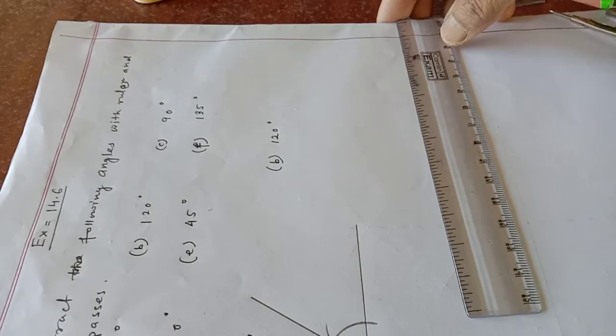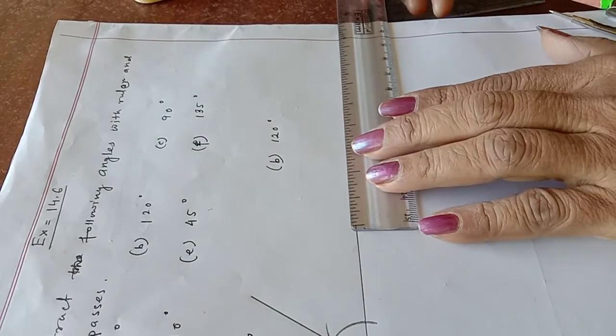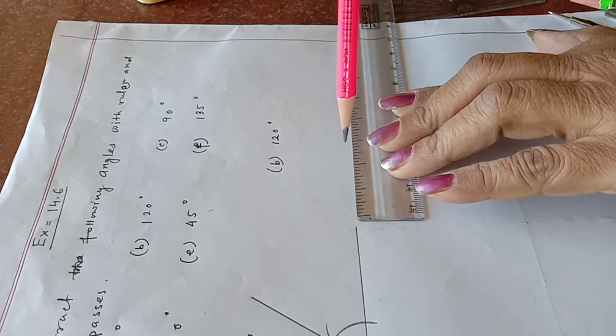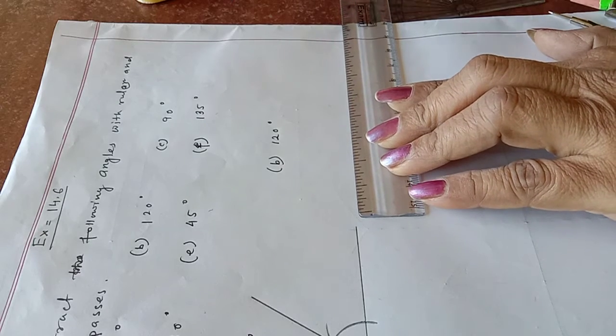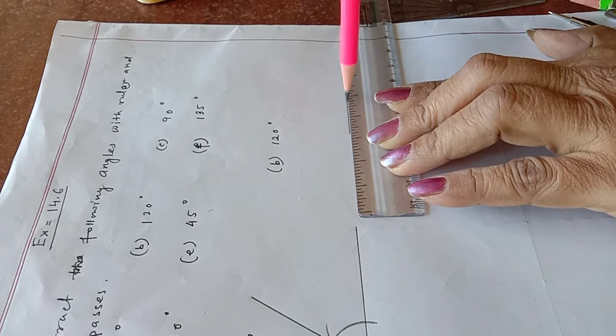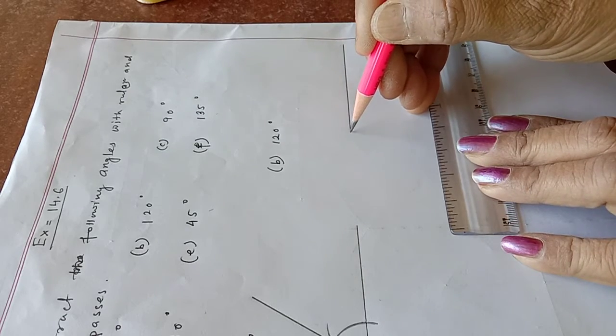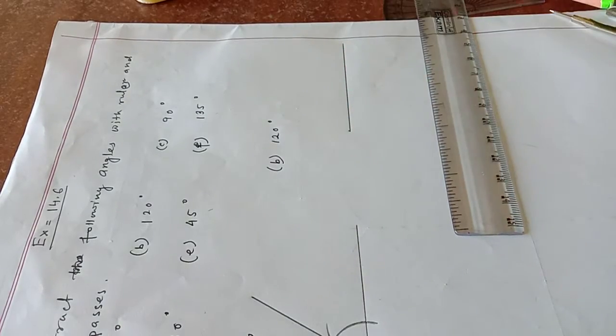Now I have to draw angle 120 degree. How to draw angle 120 degree? The same way as I have drawn the 60 degree angle. Again I am taking one line, and where I want to make the angle, I will put one dot here.